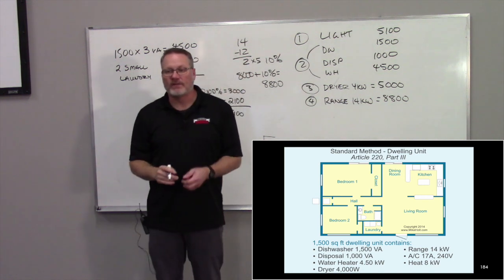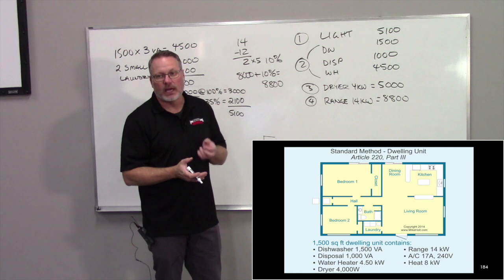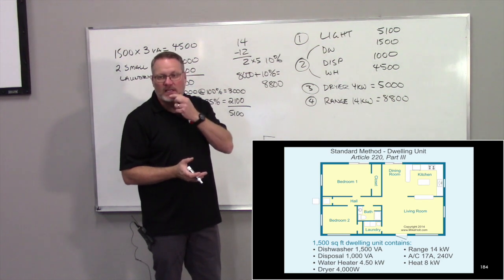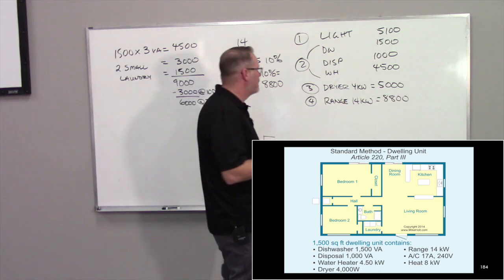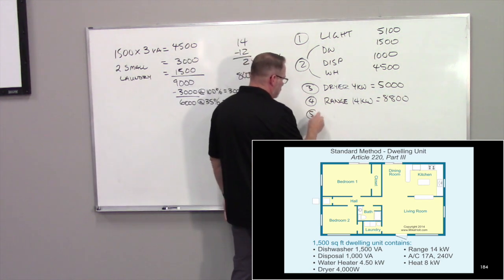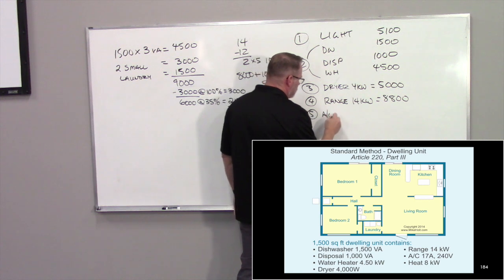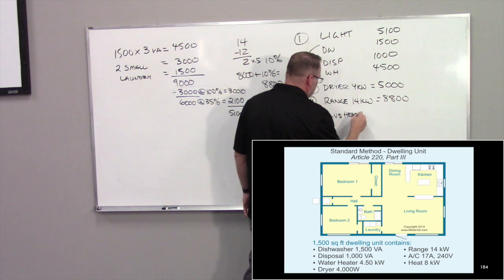And then what's left? We've got our air conditioning and we've got our heat. It doesn't tell us anything about the fan, just says 17 amps, 240 volts for my air conditioning. We're going to do air conditioning versus heat.